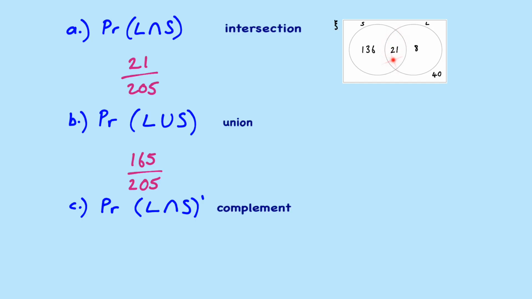So this is the complement. So we don't want this section. Therefore, it's all of these students, all of these students, and all of these students, because none of these students are in the intersection. Therefore, that adds up to 184 over 205.